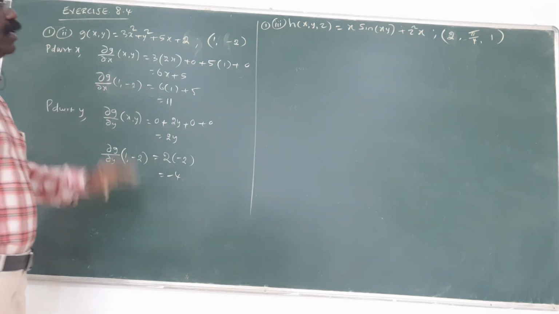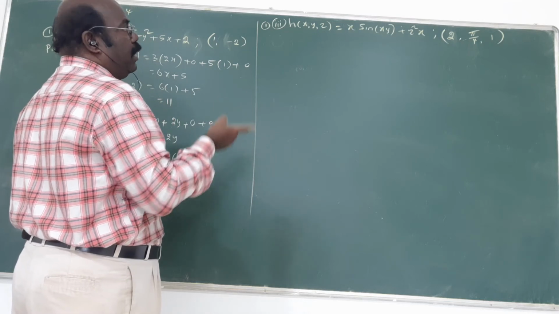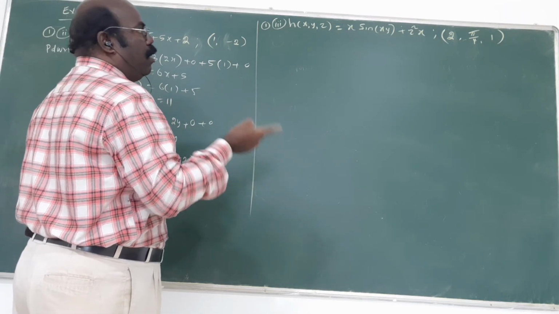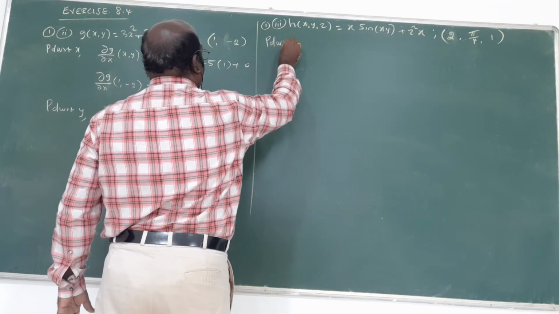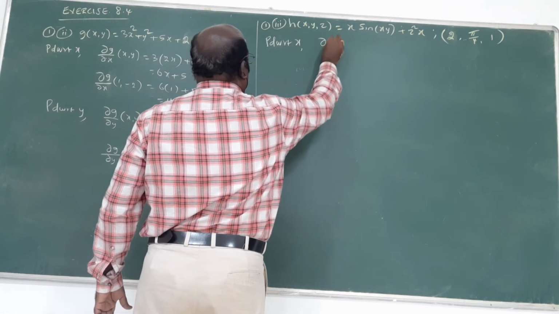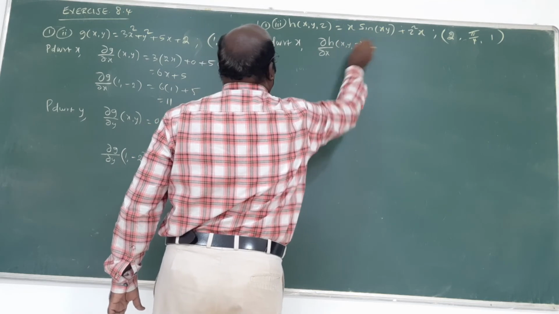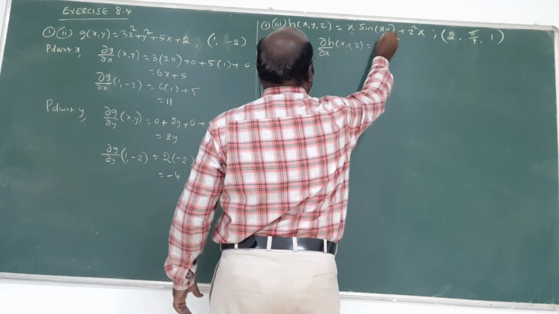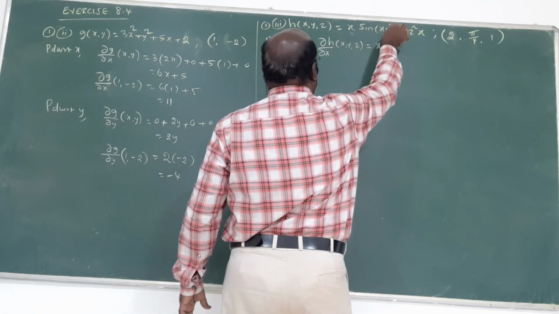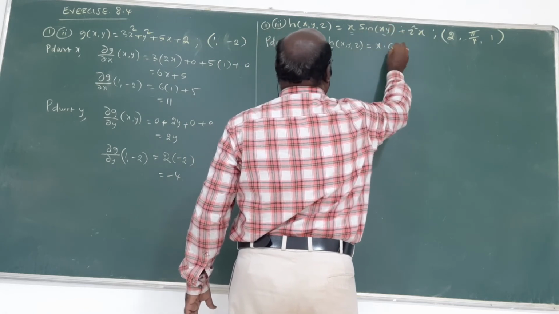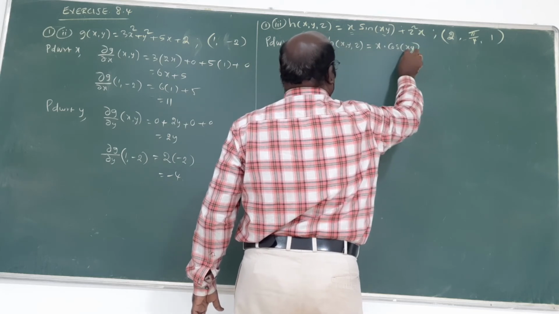The same type of problem, third question: h of x, y, z is equal to x into sin of xy plus z square into x. The first step, partially differentiate with respect to x. That means dou h by dou x of (x, y, z) equals: here x, here also x, so we use the UV formula. x into sin of something, that means cos of something into the inside bracket, x into y.